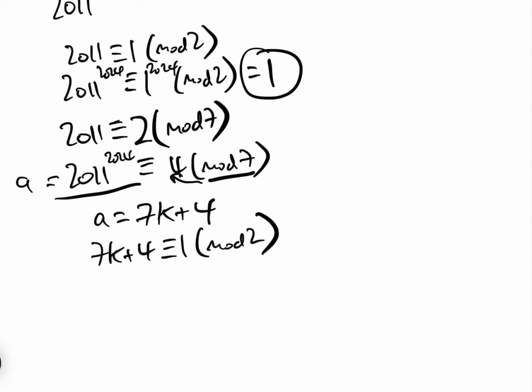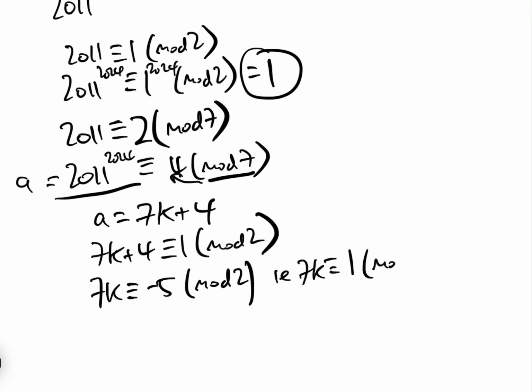Now we need to solve this. Let's take the 4 to the side: 7k equals minus 5 mod 2, i.e. 7k equals 1, since minus 5 is the same as 1 mod 2. We can solve this by inspection. If 7k is 1, clearly k is 1, because 7 times 1 is 7, and 7 is 1 mod 2. So we have k equals 1 mod 2, and therefore k equals 2q plus 1 for some integer q.